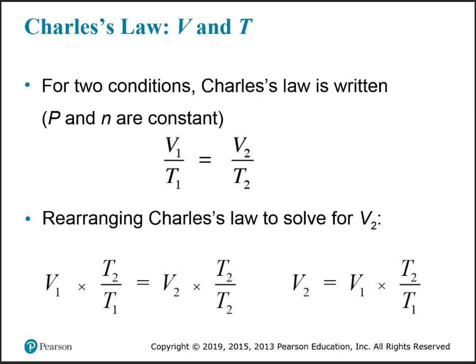This is an example of how you can rearrange Charles's law. So this is Charles's law. V1 over T1 equals V2 over T2. If you want to solve, then you have to cross multiply. And I'll show you what that really looks like.